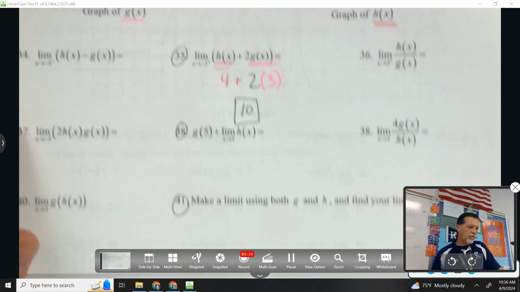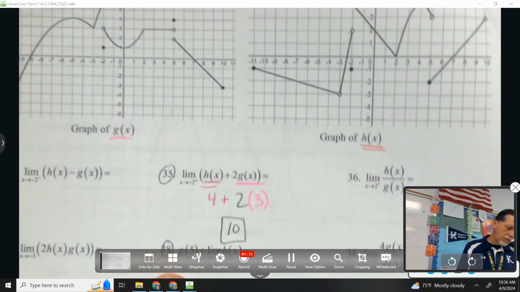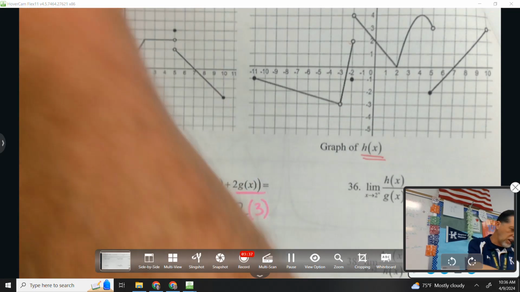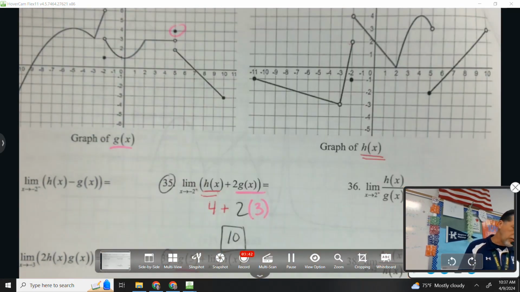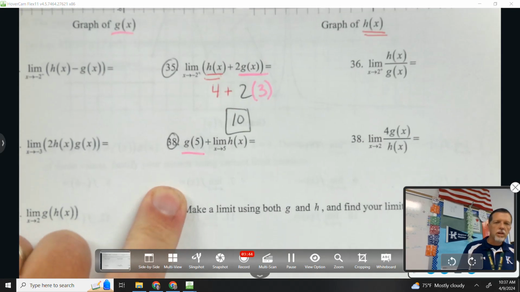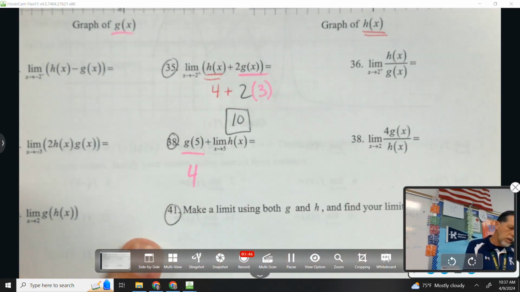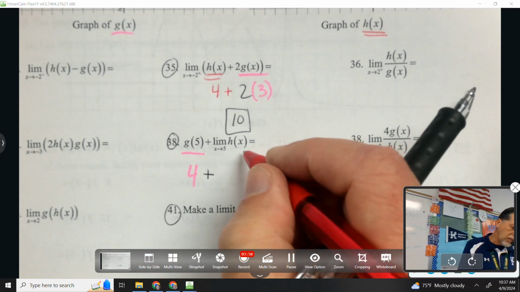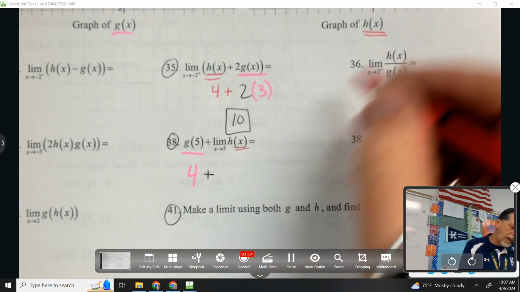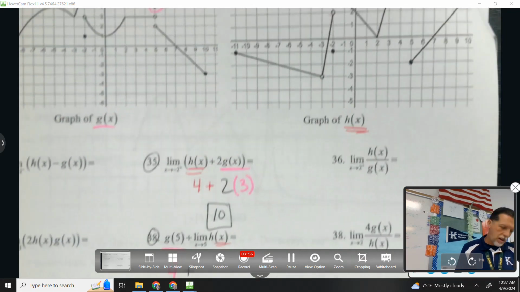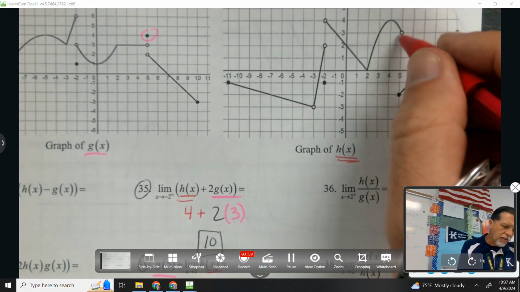38. G of 5. So no limits, just straight up look at the graph of g. G of 5 is that dot up there at 4. So 4 plus limit as x approaches 5 of h of x. So graph of h as x approaches 5.